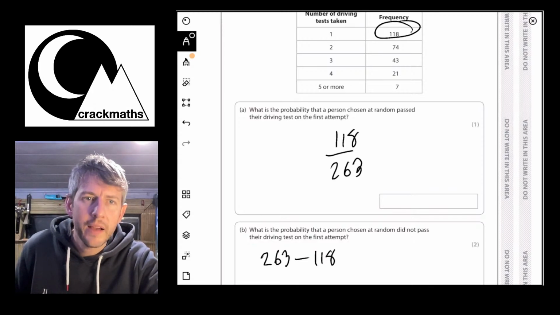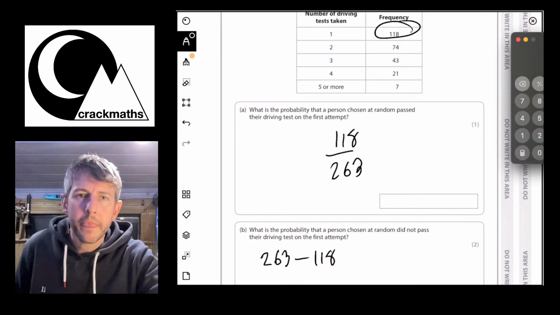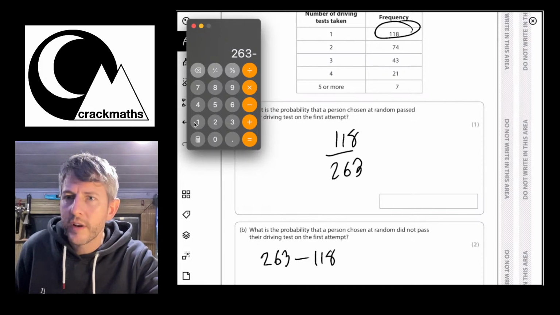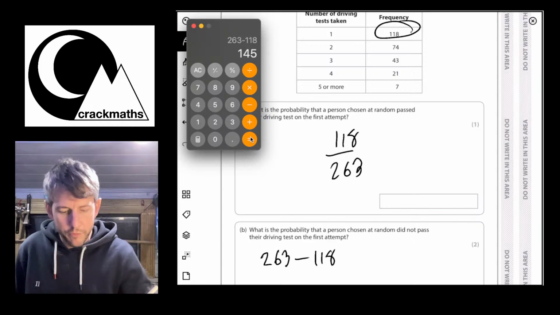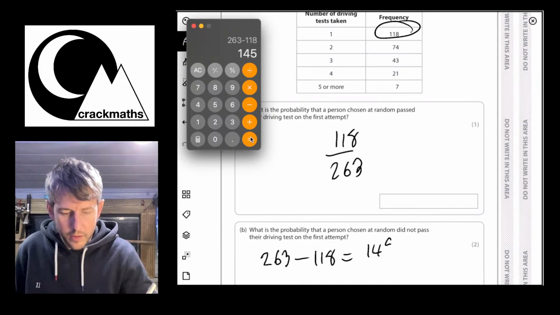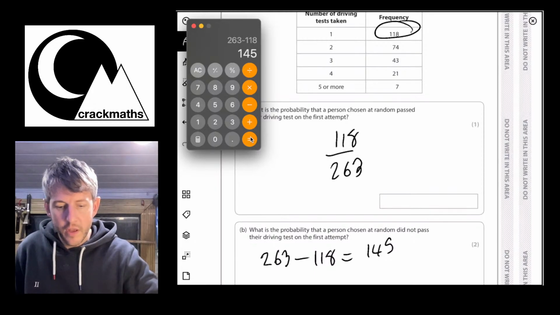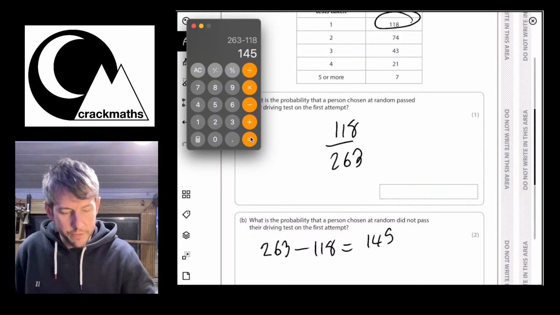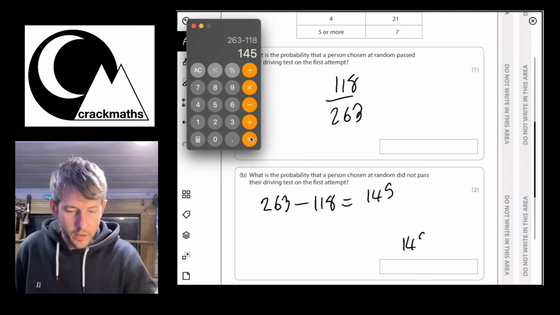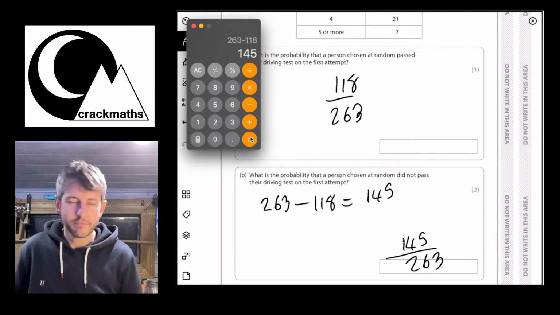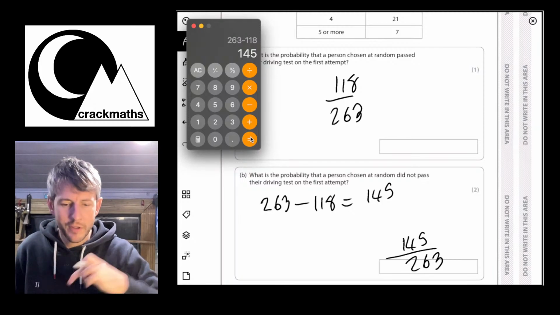Okay, so let's work that out. 263, take away 118, and this equals 145. So the probability that they did not pass their driving test on the first attempt will be 145 out of the 263. Okay, great. Next question.